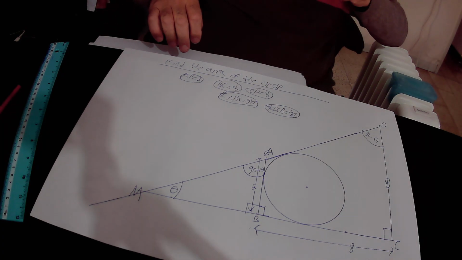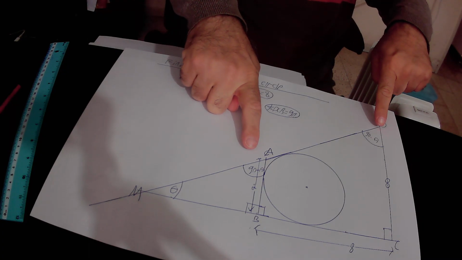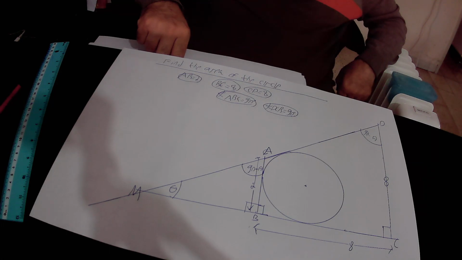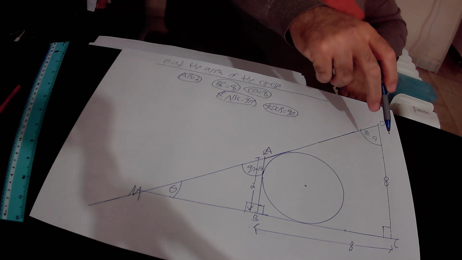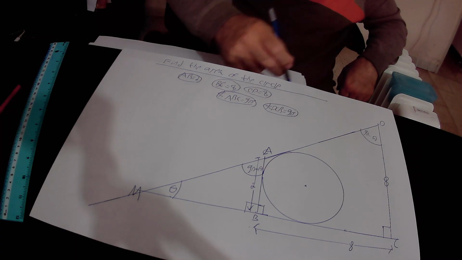And finally, those two angles are both equal to 90 degrees minus theta, therefore they are equal to each other. So this is angle CDM in the big triangle.